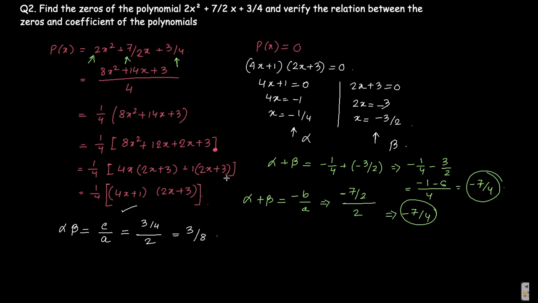Now alpha into beta over here is minus 1 by 4 into minus 3 by 2. Minus minus is plus, 3 into 1 is 3, 4 into 2 is 8. So 3 by 8. So the product of the zeros is also matched.